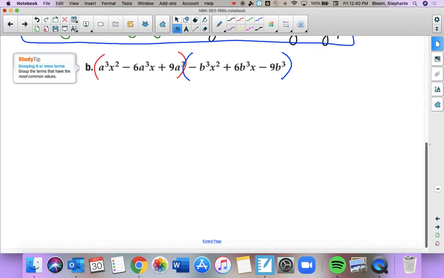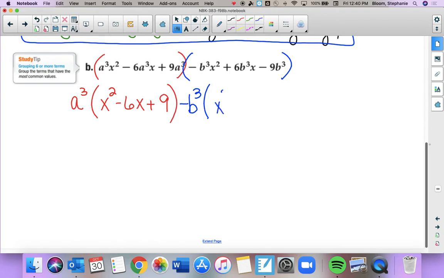Okay, so let's take out A cubed from the first one. So we would have left x squared minus 6x plus 9, all right? And then what would you take out of the second one? What do they have in common, Bailey? Yeah, go ahead and take out that negative. So negative b cubed.